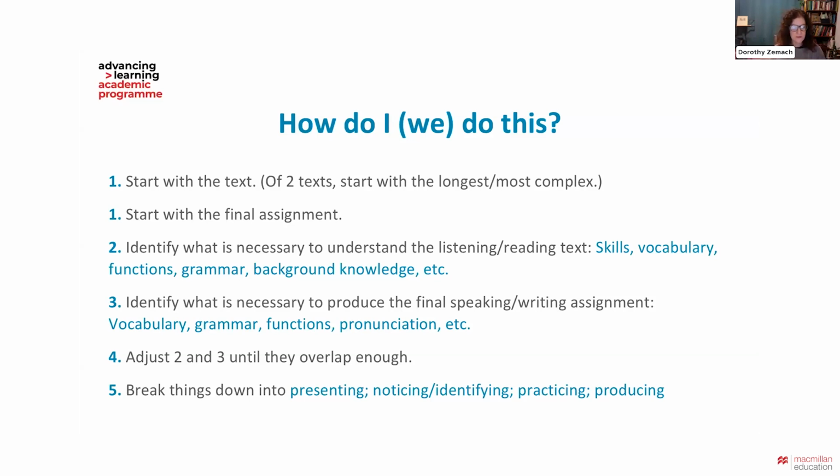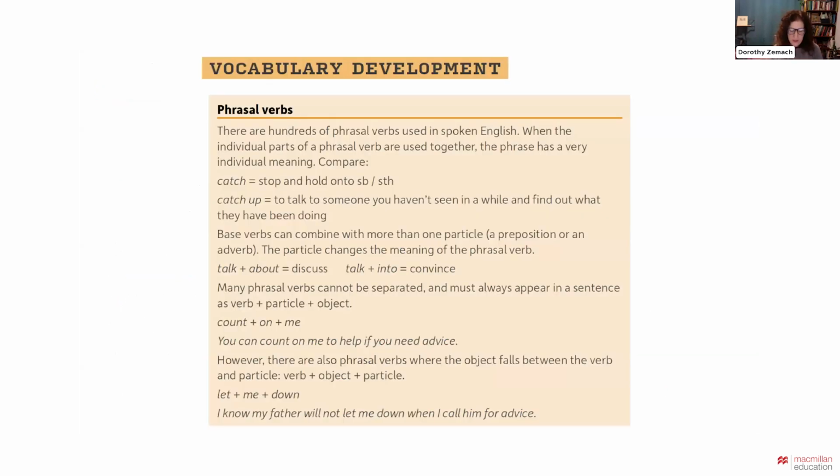So I want to give you some examples of what this looks like on a page. So this is from the listening speaking level 2. So that's at a B1 level. So we have 5 levels. I've chosen to show you today 2 of our middle levels, but you can imagine it up or down in level. So we're talking about speaking and listening. Phrasal verbs is a pretty natural grammar point because they are so common in spoken English.